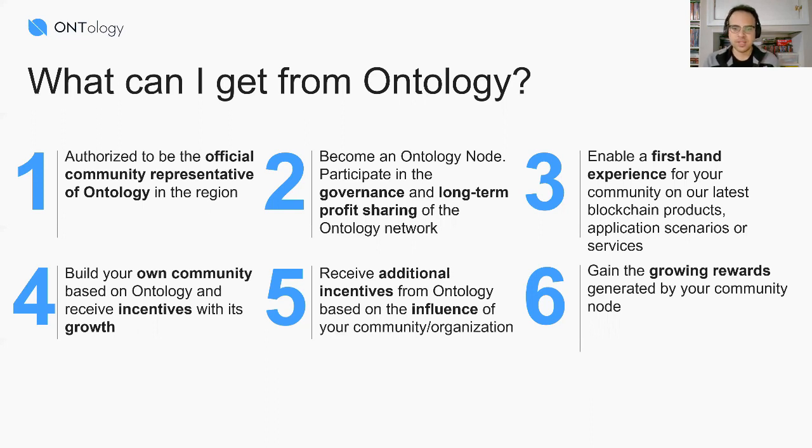This enables a first-hand experience for the community from the latest blockchain products. So like mentioned, Ontology is rolling out all of these new services. Our ecosystem partners are rolling out all of these new services in inclusive finance, in healthcare, in online work, in new wallets, and new ways of making more crypto, new ways of monetizing data.